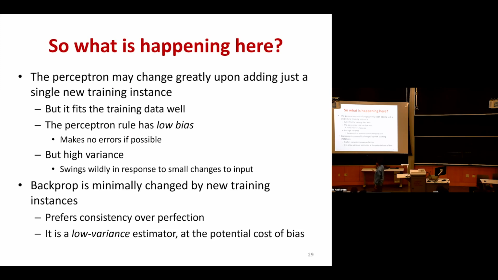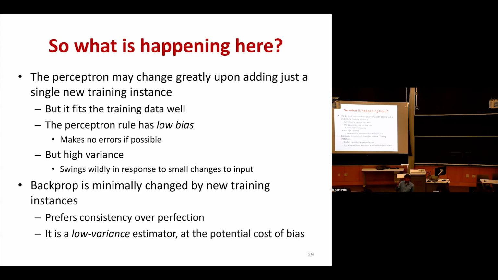It has low bias but high variance because it swings wildly in response to small changes in the input, whereas the backprop based solution is minimally changed by adding just one more new training instance. It prefers consistency over perfection, right? It's a low variance estimator at the potential cost of bias, and this is something that we actually like.